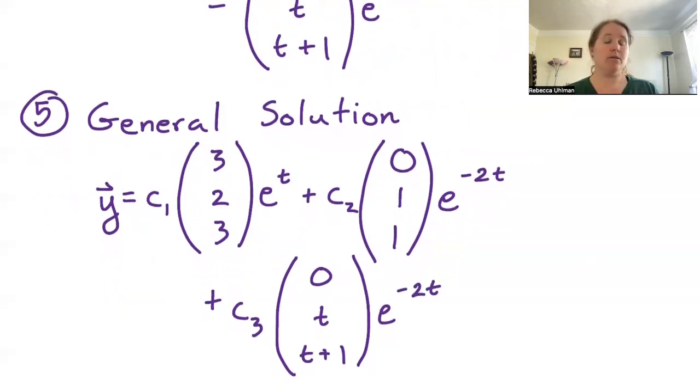So this is solving a 3x3 system where we have a repeated eigenvalue of multiplicity 2, but the corresponding eigenspace only has dimension 1. In the next video, we will look at the case where we have a repeated eigenvalue of multiplicity 3.